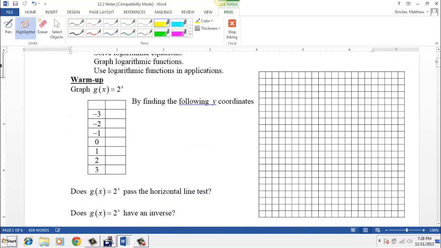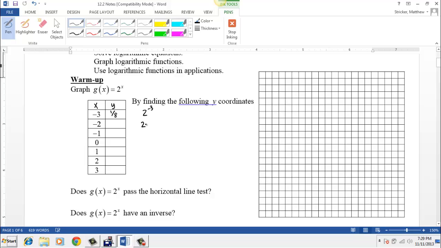So just as a warm-up here, we talked last time about how to graph exponential functions, and so if I had some different xy pairs, if my power is -3, remember that's 2 to the -3 power. We know 2 to the third power is 8. So 2 to the -3 power is 1 over 8.